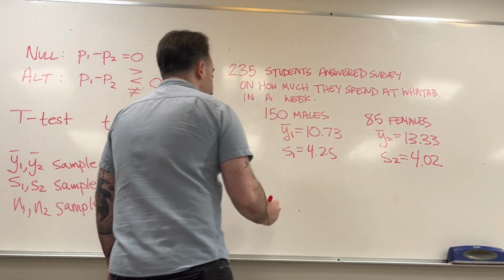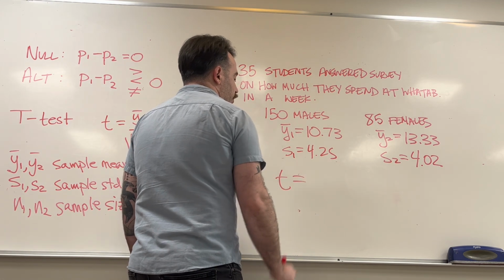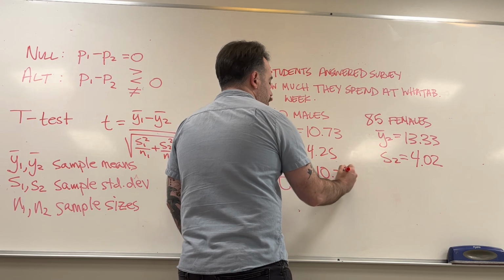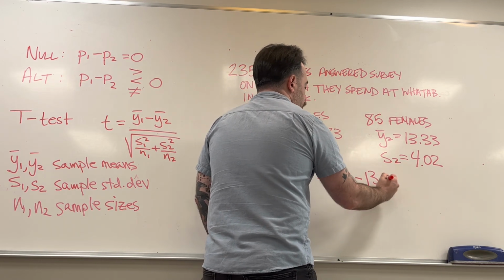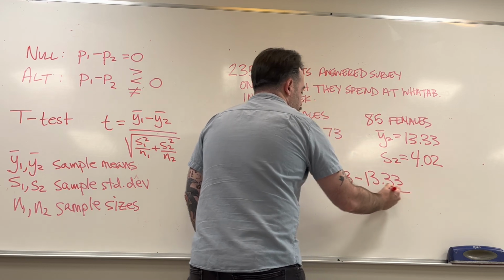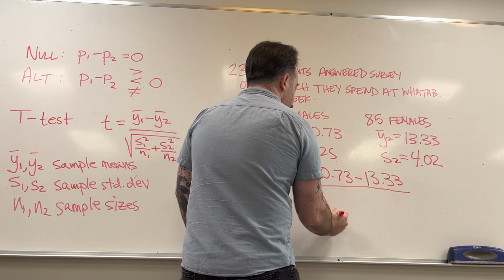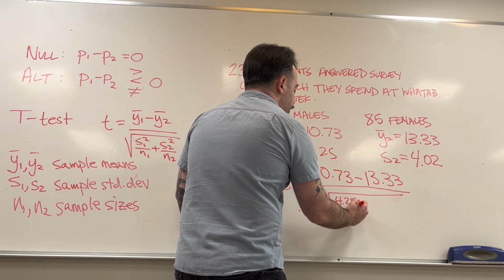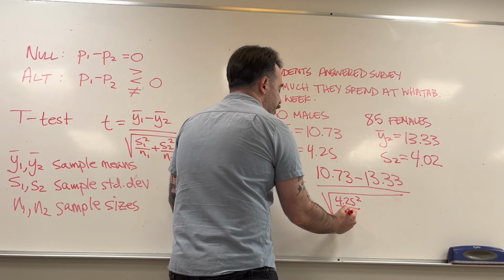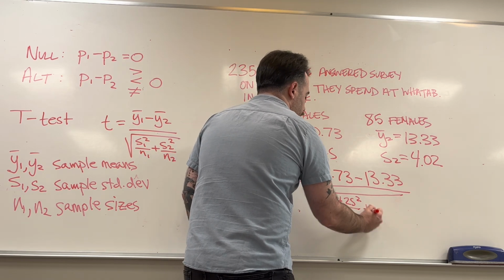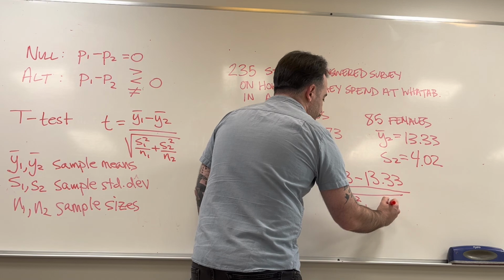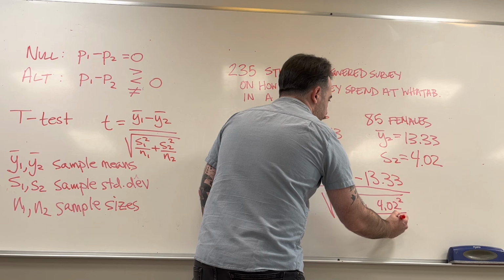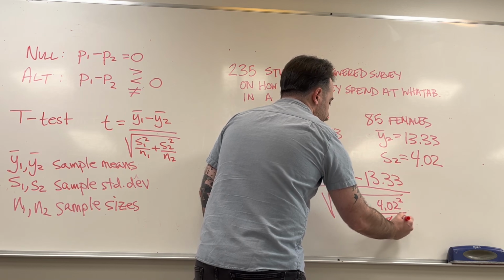So for our t-test that we'd like to check out, we get our t-value equal to y1 minus y2 divided by the square root of S1 squared divided by the size of S1 plus S2 squared divided by the size of S2.